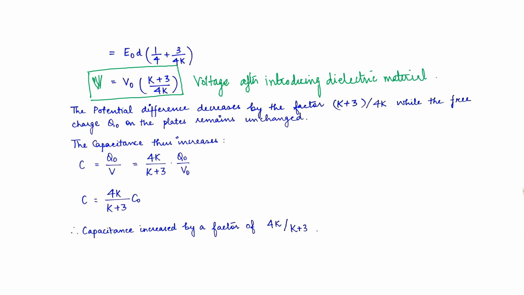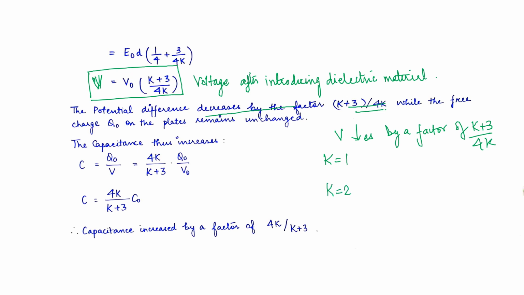Now the potential difference decreases by a factor of K plus 3 upon 4K. How can we say it is decreasing? Let us try taking values of K as 1, K as 2, and we will understand.